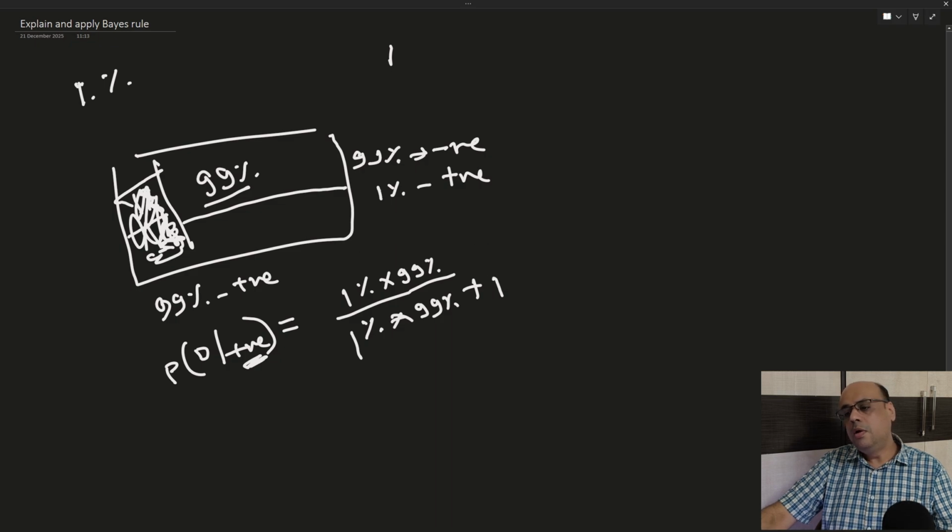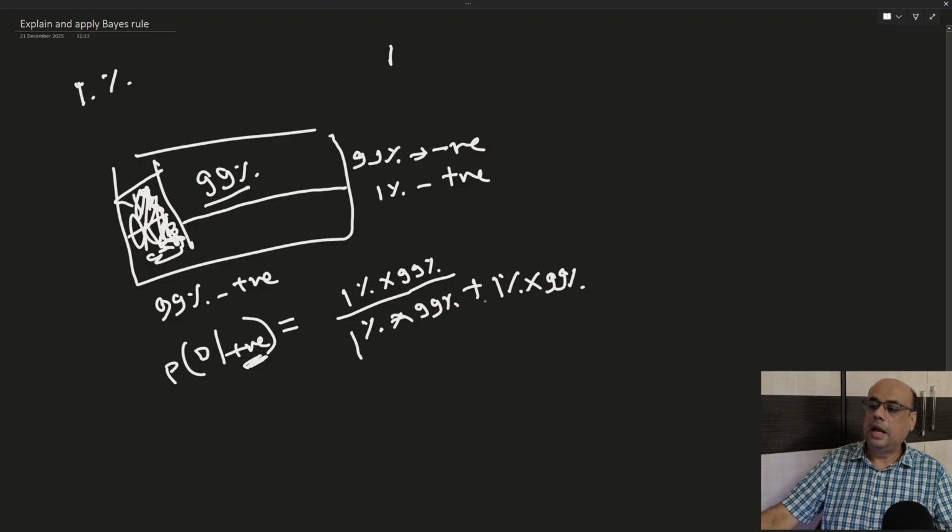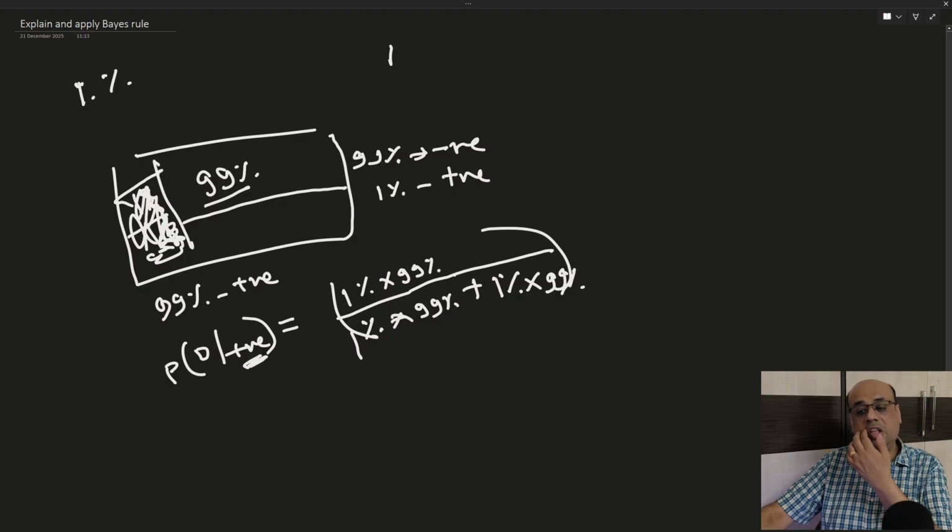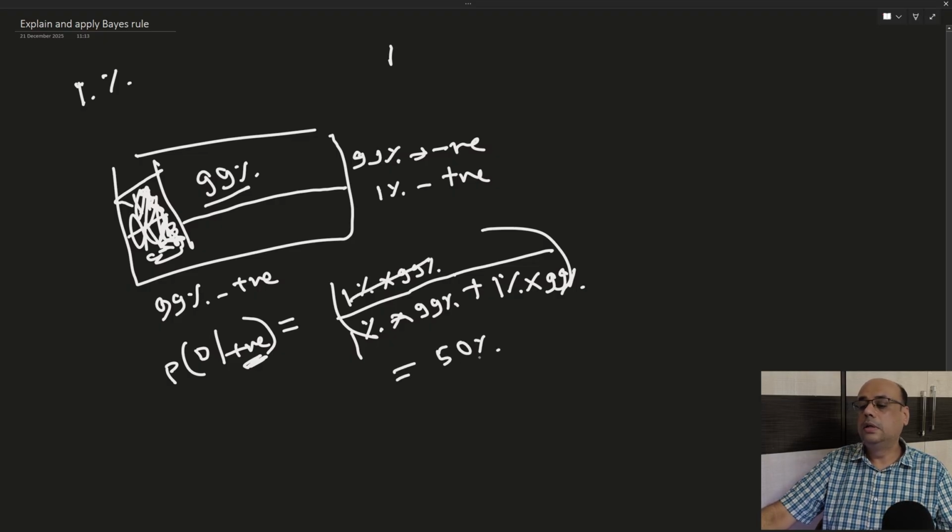So this will be 1% into 99%, right? So this is the entire formula. This is how we calculate the probability of the person having the disease given that it's positive. So if we strike this out, this will be 50%.